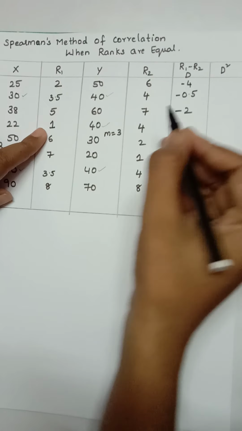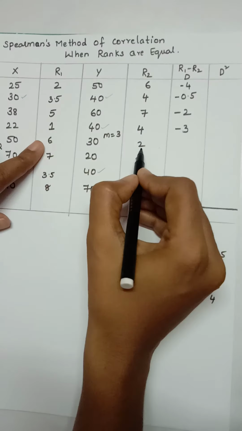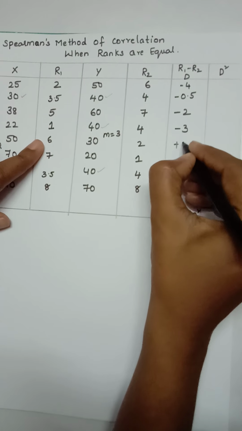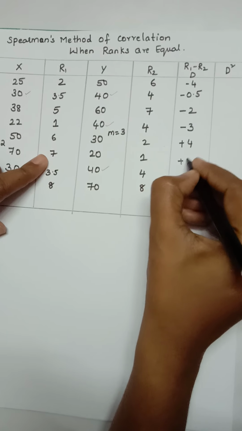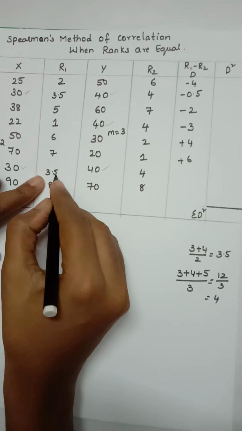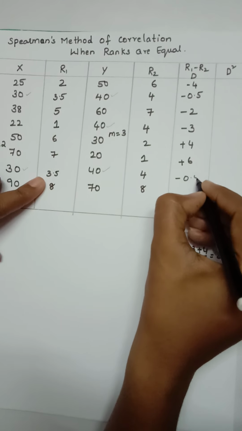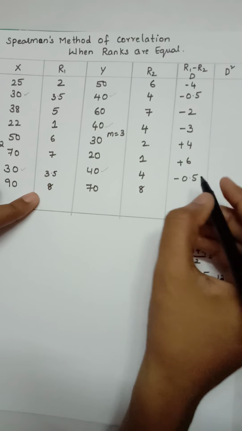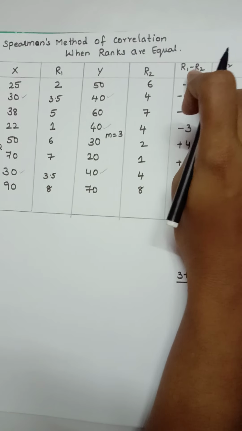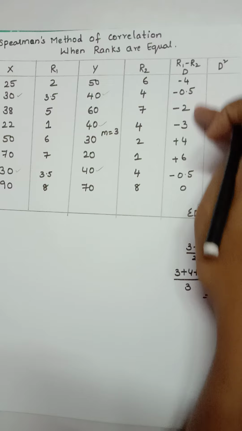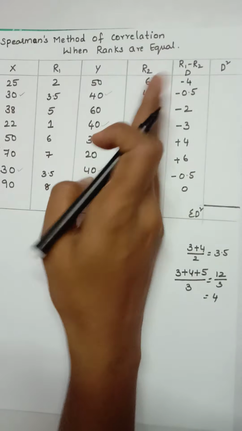Next 1 minus 4 is minus 3. Next 6 minus 2 is plus 4. Next 7 minus 1 is plus 6. Next 3.5 minus 4 is minus 0.5. Next 8 minus 8 is 0. So R1 minus R2 values are nothing but deviation values, the difference between rank 1 and rank 2.